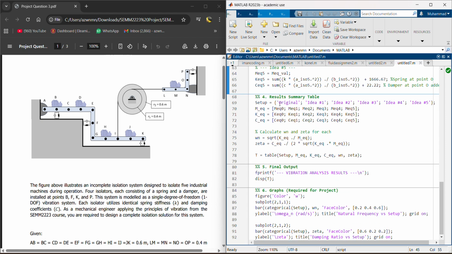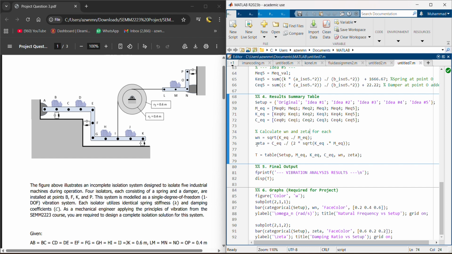In the result or summary table, we use the setups original and idea 1 until idea 5, where each represents its own category. For calculation of omega n, the natural frequency, and zeta, the damping ratio, we use the formula omega n equal to square root of k over m.